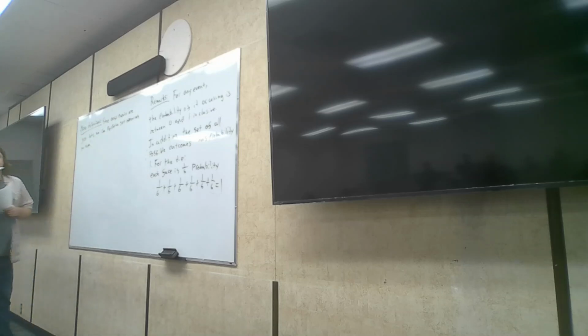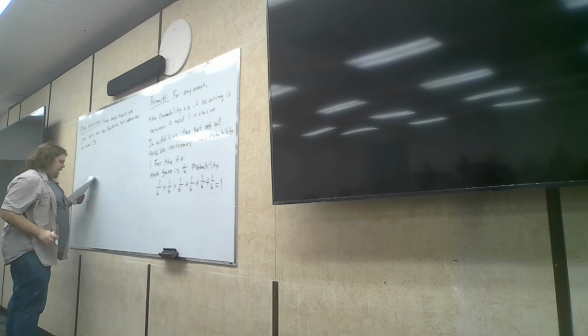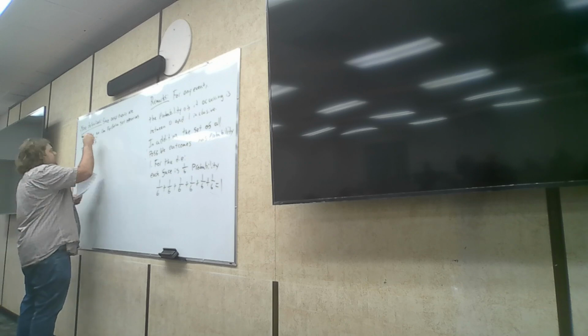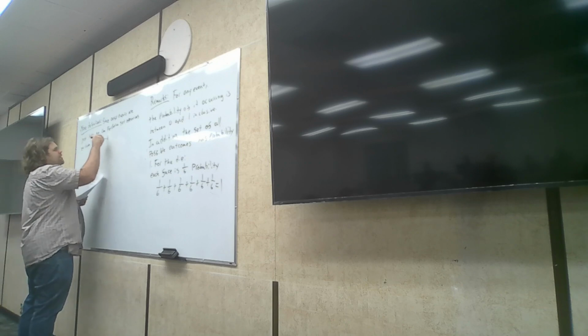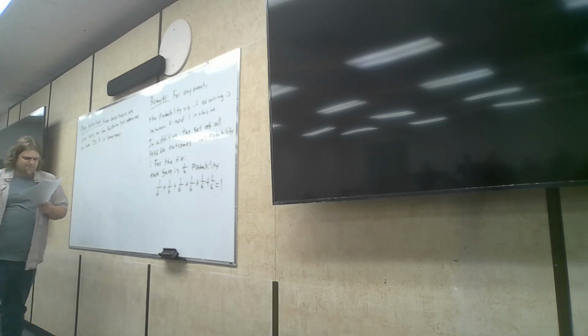So union, intersection, but specifically the one we want is complement. So if A is some event, so it's just some list of outcomes, right? Some things that could happen.